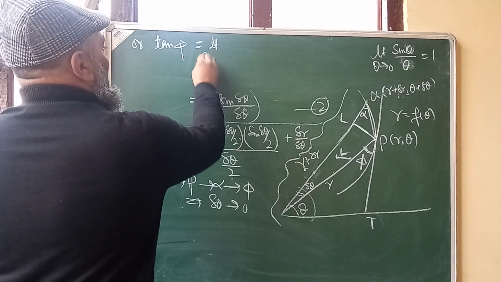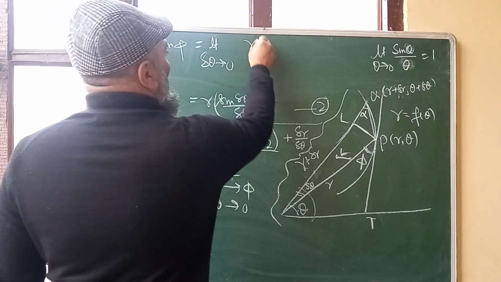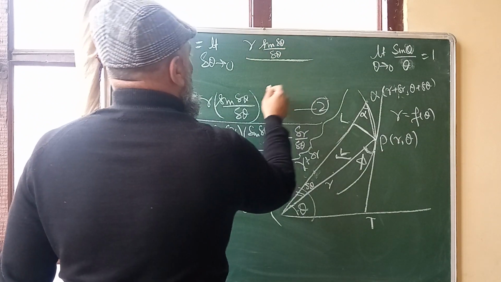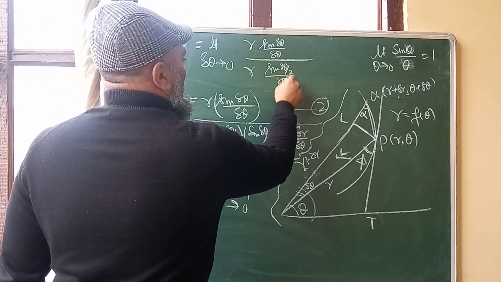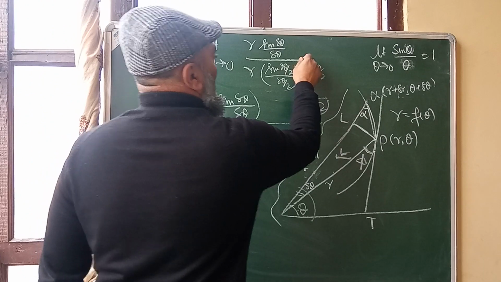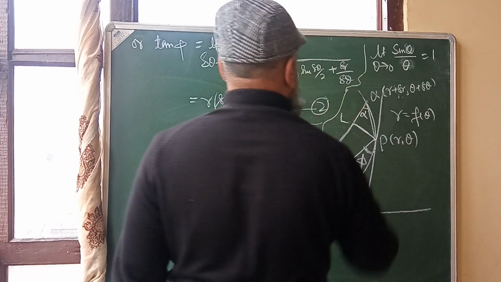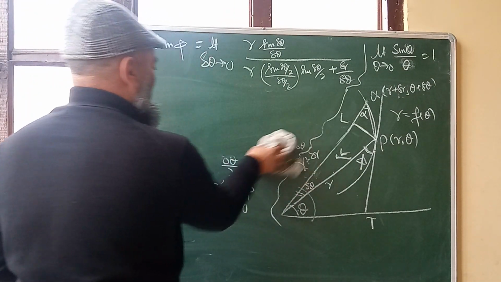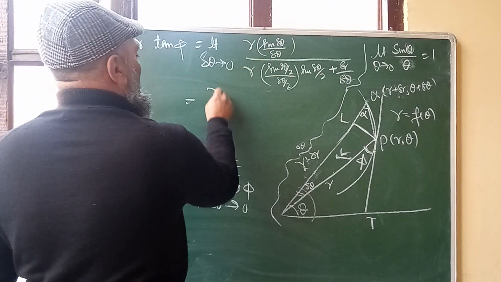It is the limit as delta theta approaches 0 of this whole thing, sine delta theta by delta theta, or sine delta theta by 2 over delta theta by 2, times sine delta theta by 2 plus delta r by delta theta. What is this equal to?